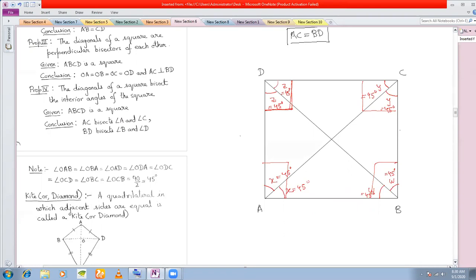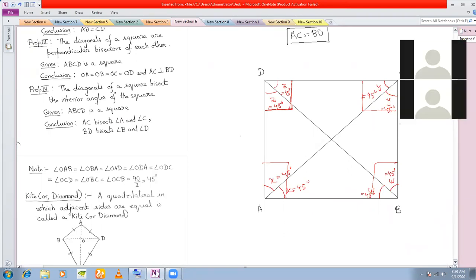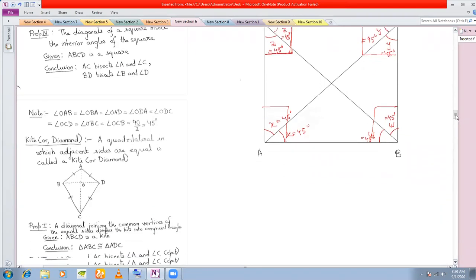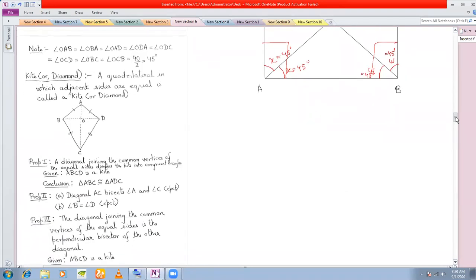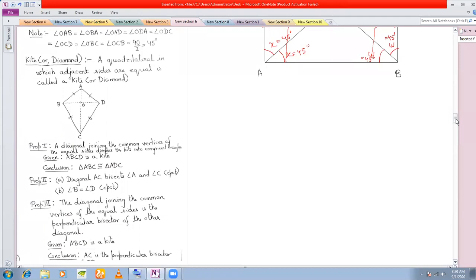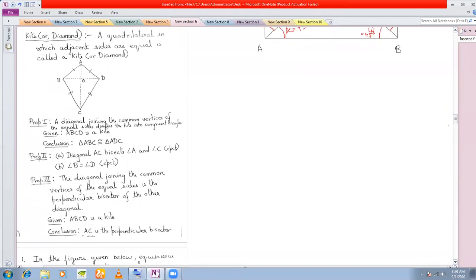Okay, fine. And finally we come to kites or diamonds. So the parallelogram is over, and the three special cases of a parallelogram: rhombus, rectangle, and square. These are over.